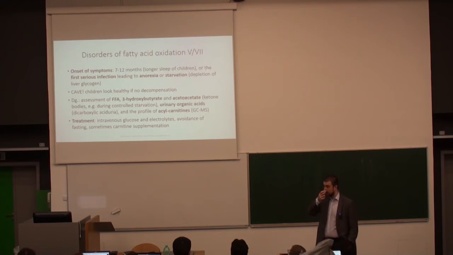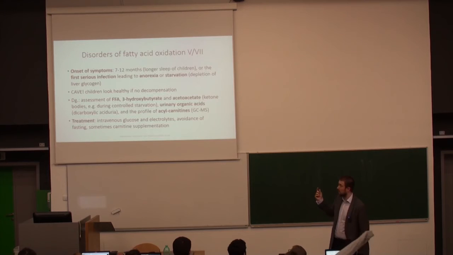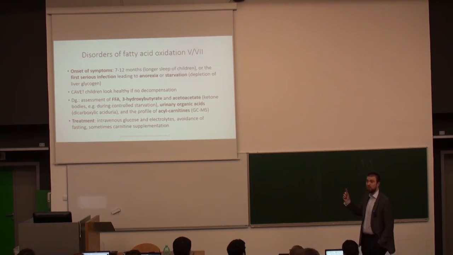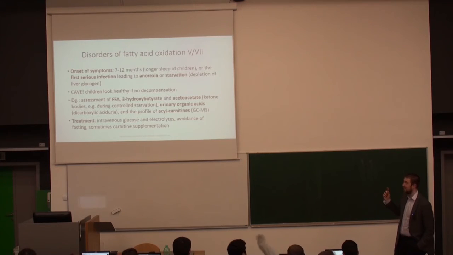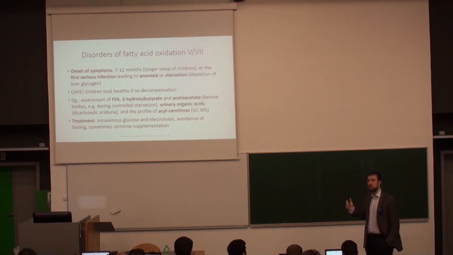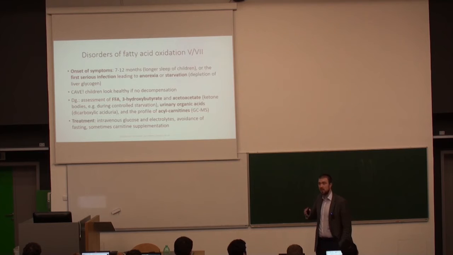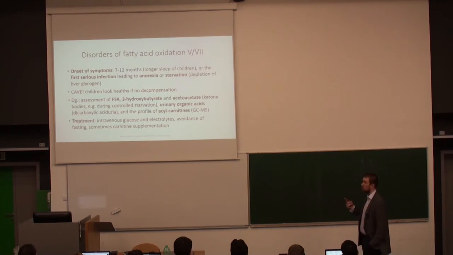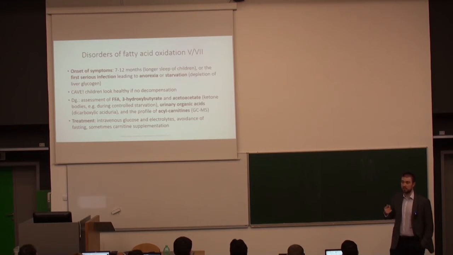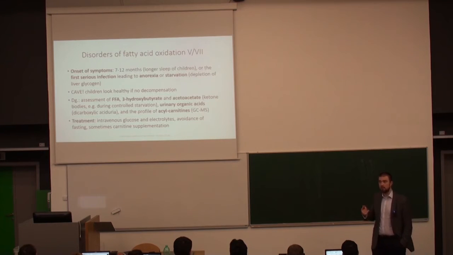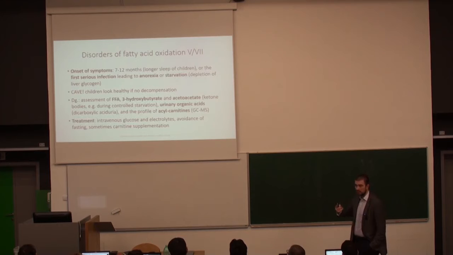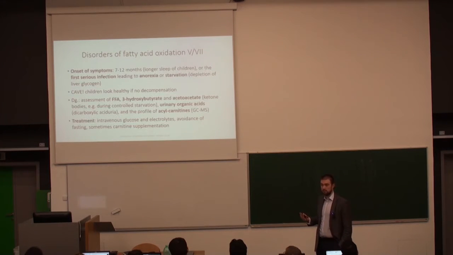This disease typically starts at about 7 to 12 months. First, it can be during that time because the babies typically start to sleep for a longer time. Second, when you have some more severe infection that will lead to anorexia, or as you had there, the vomiting, that means some long-term starvation.